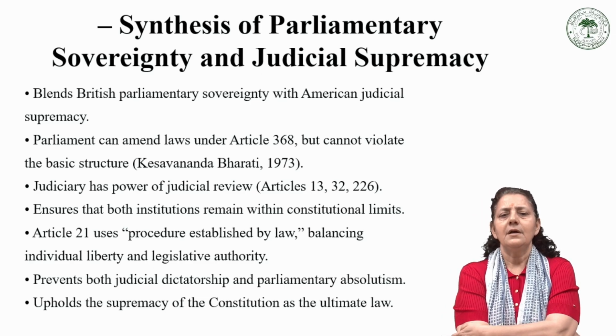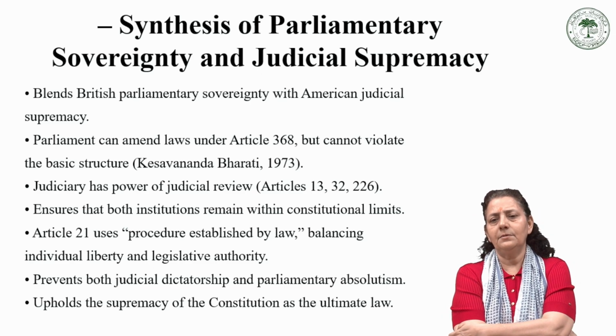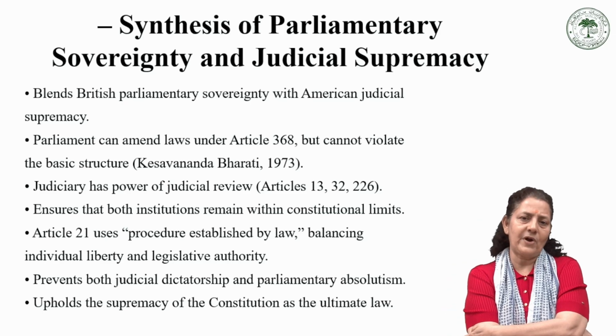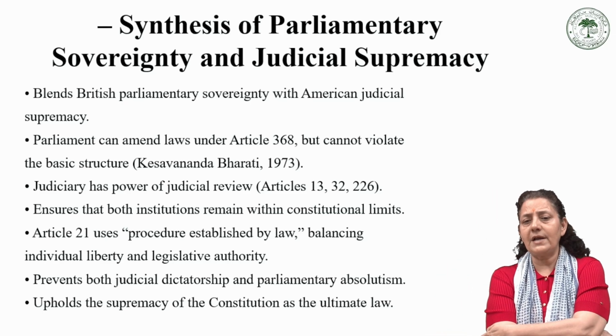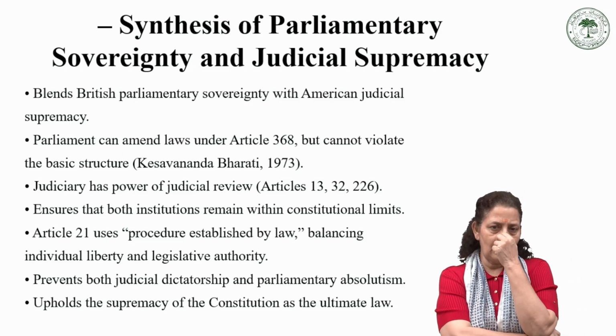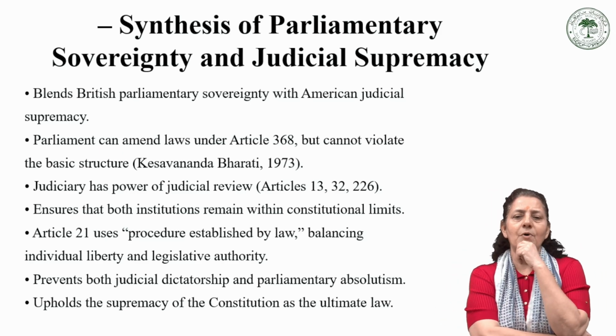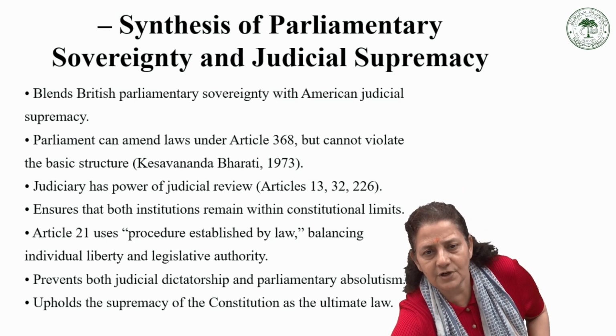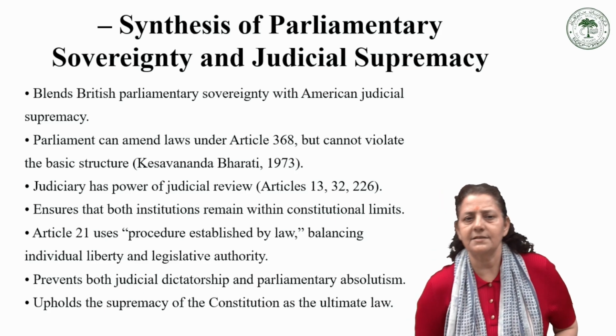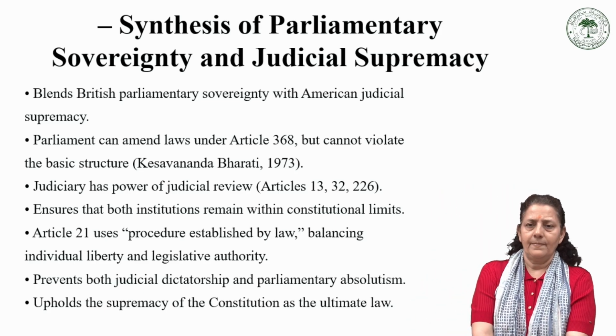This balance ensures that neither body can act arbitrarily. The doctrine of judicial review empowers the court to strike down unconstitutional laws, while Parliament can respond through corrective amendments subject to the basic structural limitation established in the Keshwanand Bharti case, 1973.